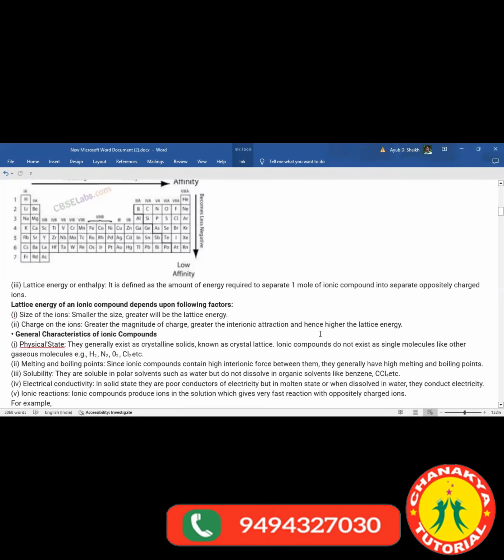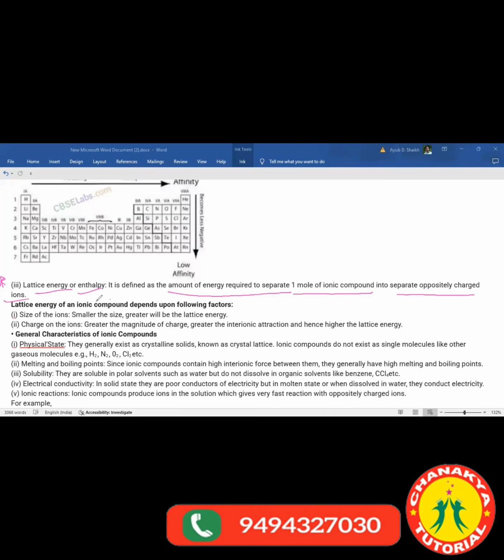See, the third factor which affects it is lattice energy, or lattice enthalpy. What do you mean by this? It is defined as the amount of energy required to separate 1 mole of ionic compound into separate oppositely charged ions.